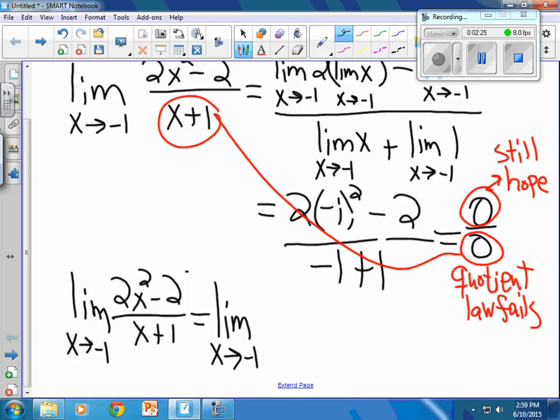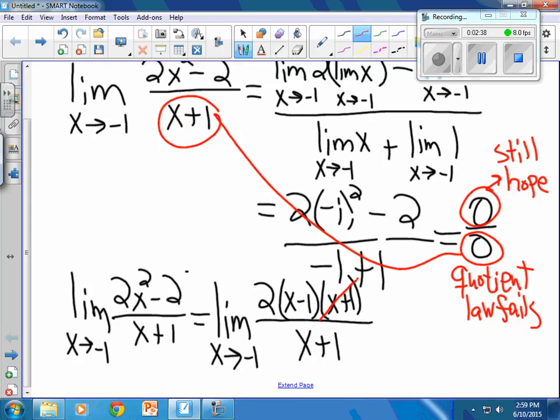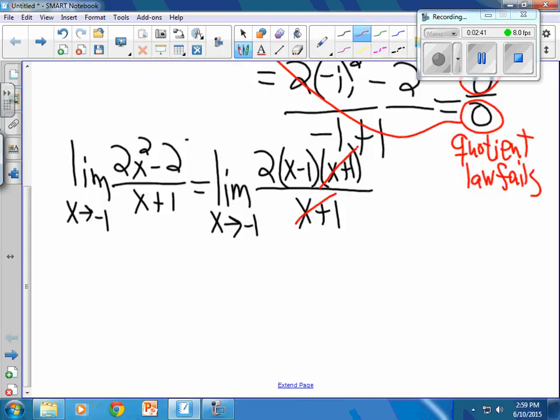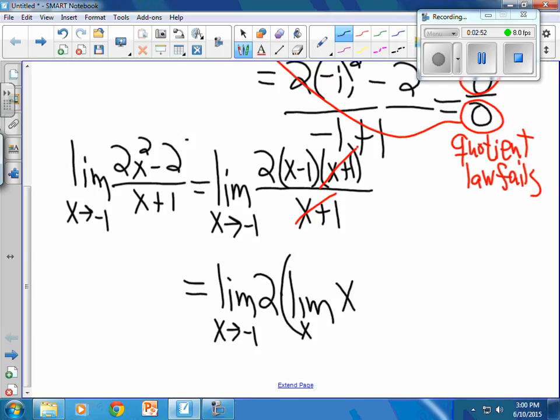So what we would like to do is try to somehow get rid of that x plus 1 factor. So here we factor. The numerator is 2 times x minus 1 times x plus 1 divided by x plus 1. And now we notice that we can cancel the x plus 1s. And then we're left with the limit of 2 as x approaches negative 1 times the limit of x as x approaches negative 1 minus the limit of 1 as x approaches negative 1.